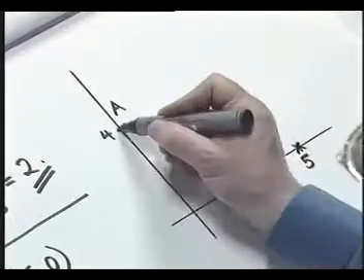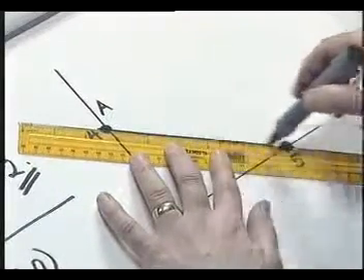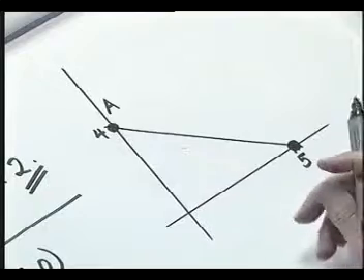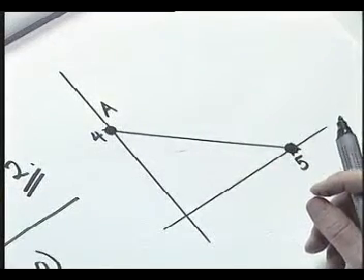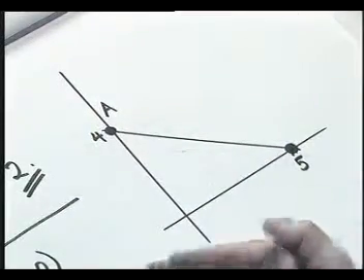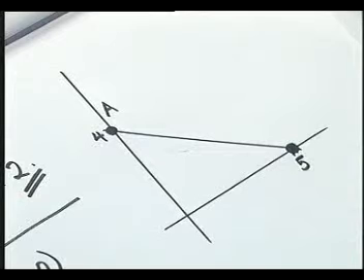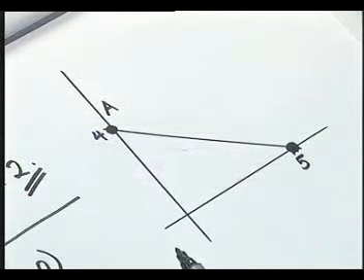So there are my points, and the line joining them looks like this. And we know that this line has gradient minus 4/5. This line, as you notice, is sloping downwards as we move from left to right. And that's why the gradient turns out to be negative.